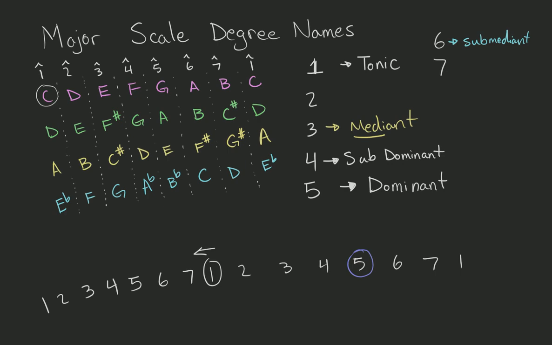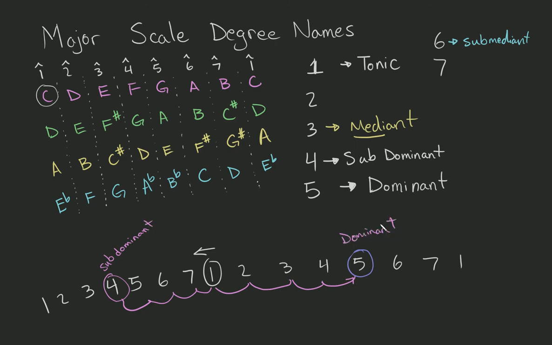Remember that dominant means 5, so we go 1, 2, 3, 4, and 5, and we find our dominant. Now, if we go sub in the same direction, or the same number of spaces, but the opposite direction, we go 1, 2, 3, 4, 5. We land on 4, and that's why this is the subdominant. That's why this is the dominant.